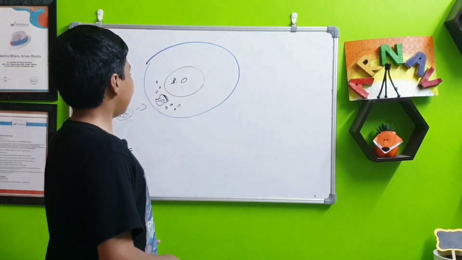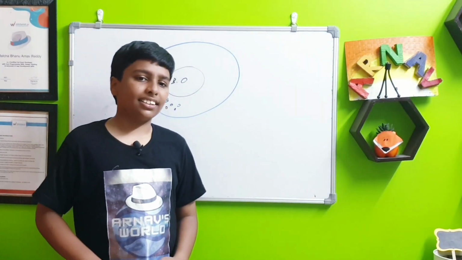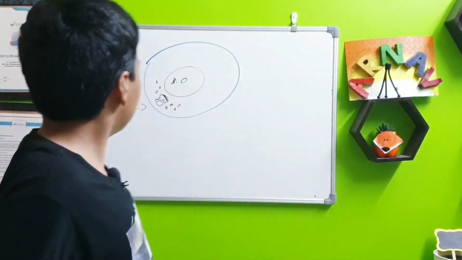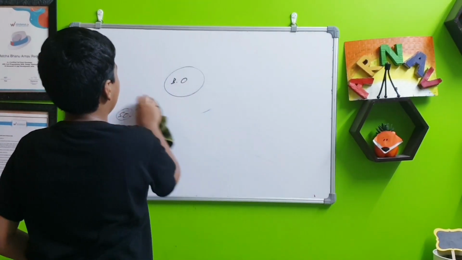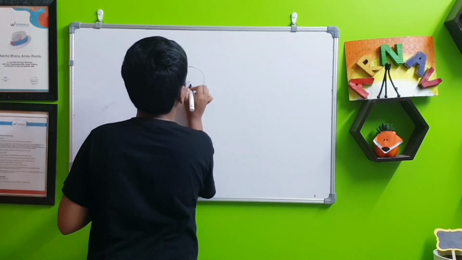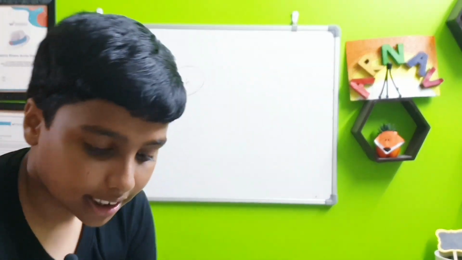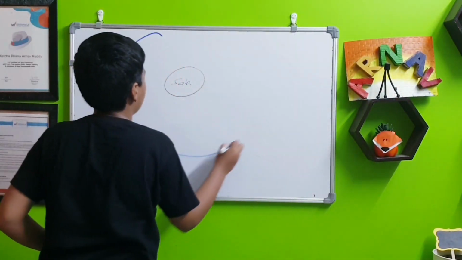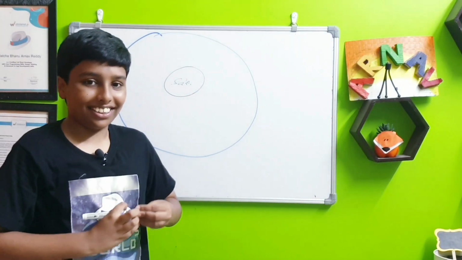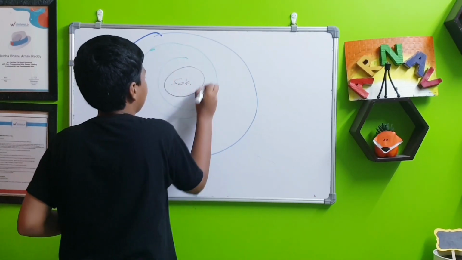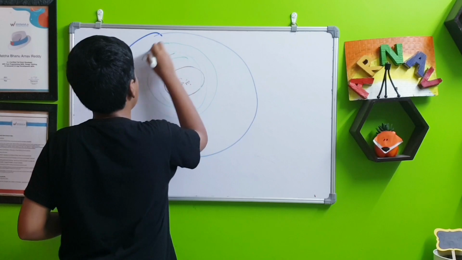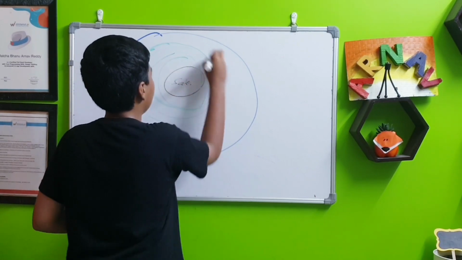Now let's look at Saturn's Roche limit. Let's remove this small object and increase. So this is Saturn. This is the Roche limit, a bit bigger because it's a very massive object. Next we're going to put these rings in green.